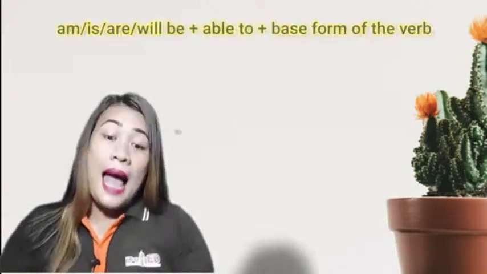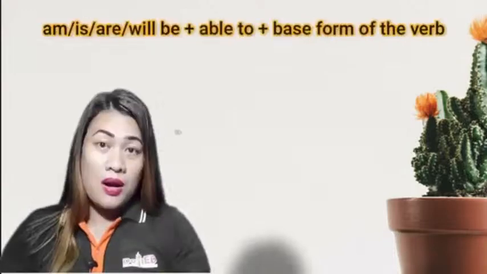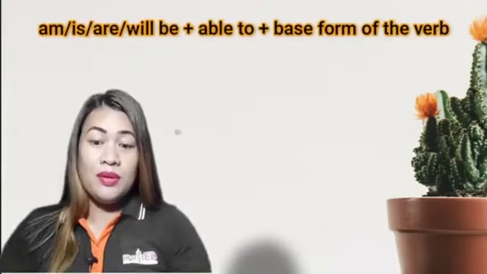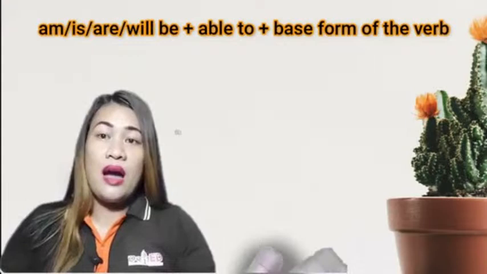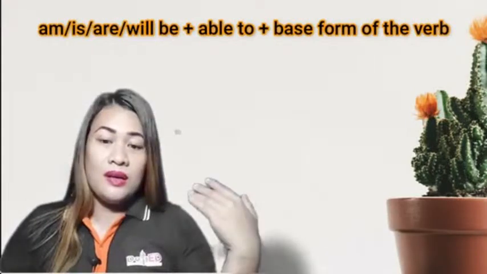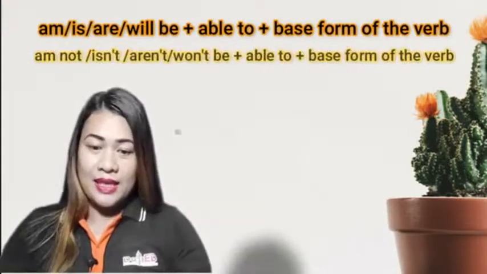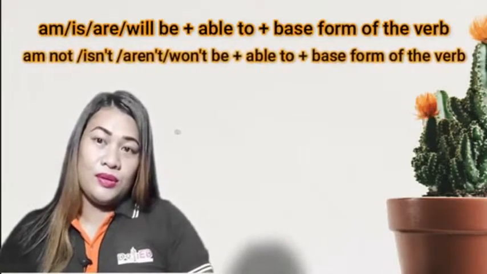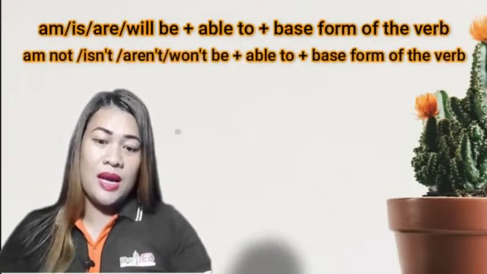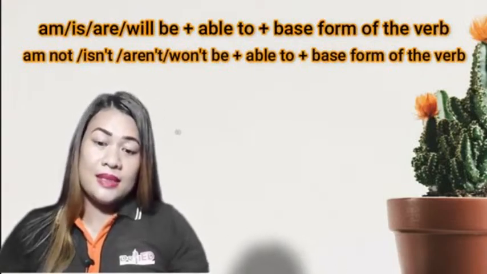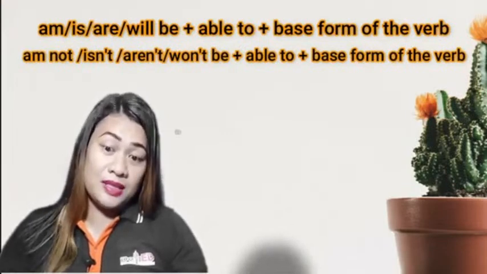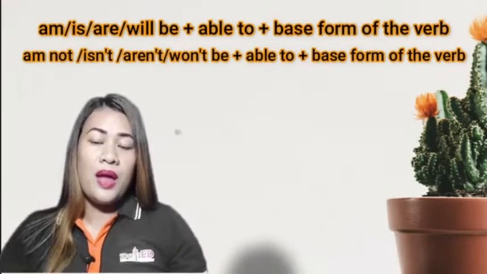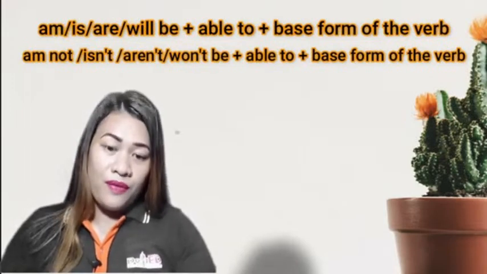Am, is, are, will be, plus able to, plus base form of the verb. Or on the other hand, if it is going to be used for a lack of ability, you're going to have this combination: I'm not, isn't, or aren't, or won't be, plus able to, plus base form of the verb.